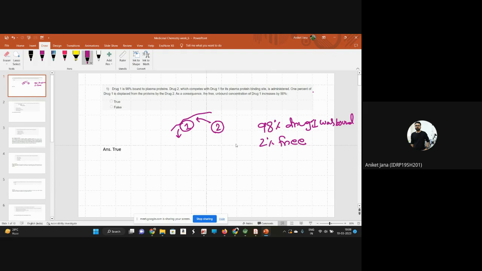Previously it was 2% in the active, free part for circulation, and now 1% of drug 1 after adding drug 2 is displaced from the protein. So now the free percentage, previously it was 2 and now it is increasing by 1 percentage. Then how much is free now of drug 1?